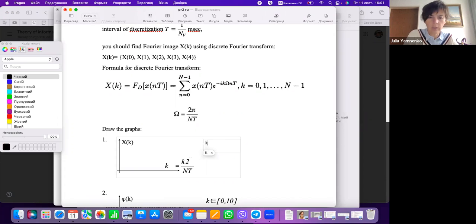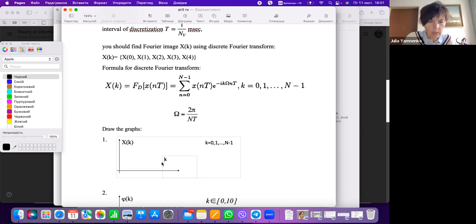So let's do it for k equal to 0, 1, and so on. In your case, it will be till 4. Okay. Let's put it here.